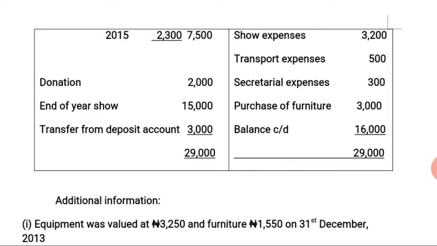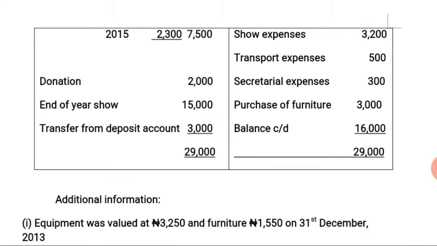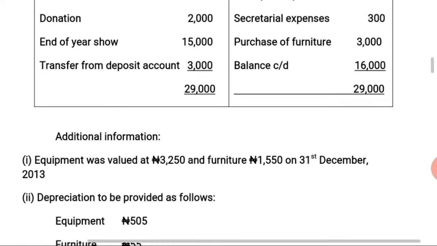Purchase of furniture, that means furniture was purchased during the year, 3,000 naira. And we have the balance of cash as at end of the time, which stood at 16,000 naira. And the total of the credit side of our receipt and payment stood at 29,000 naira, which equals to that of the debit side.